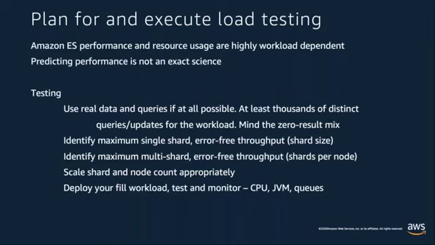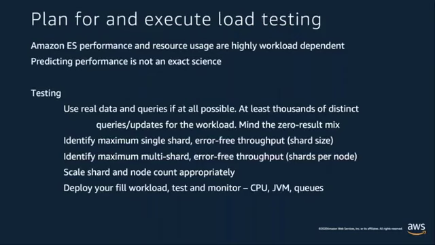The first of those is that you really want to use your actual data and your queries, if at all possible. Because you can use simulated test data, and that will give you some answer, again, directionally correct, but really to dial it in, you have to be able to test with your actual data, your actual mapping, your actual queries, so that you get the actual usage that you're going to have. Another common thing that I see is people send 5 or 6 different queries over and over and over again.